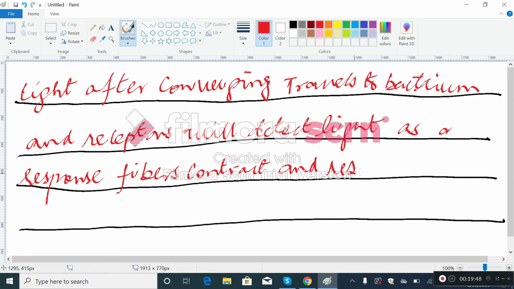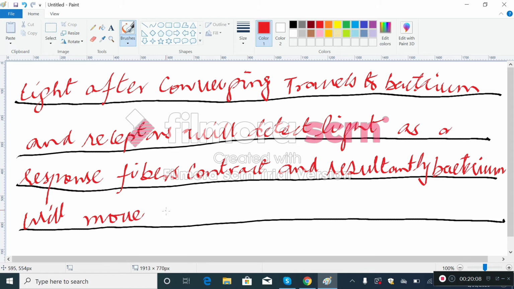and resultantly bacterium will move towards light.